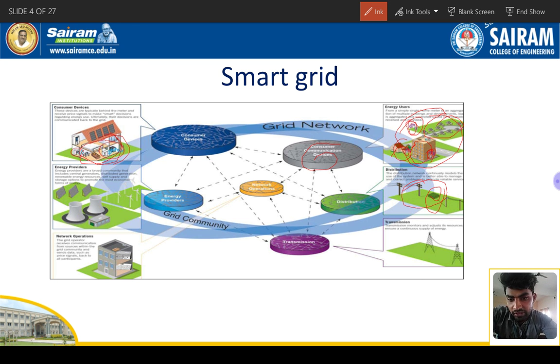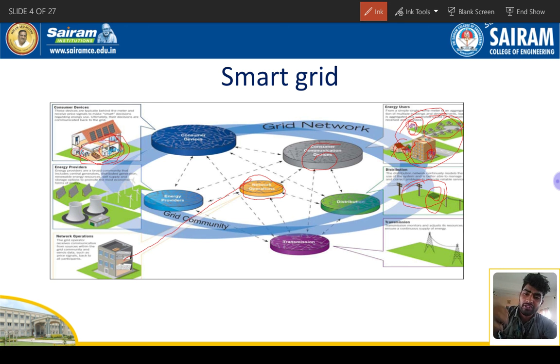Next, finally we have the network operation. This network operation is interconnected with all the areas, right? So that's the network operation. It's the controlling operation; it will monitor, and then it will give output to the consumer side, transmission side and distribution side, and also it takes input from the energy provider. Suppose the energy provider is unable to supply power based on the demand.